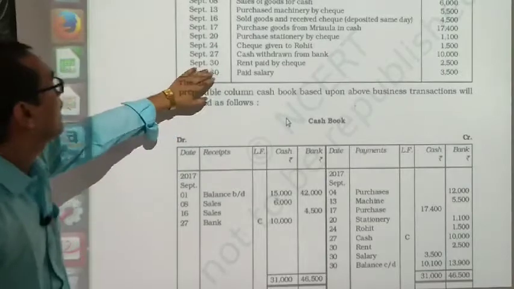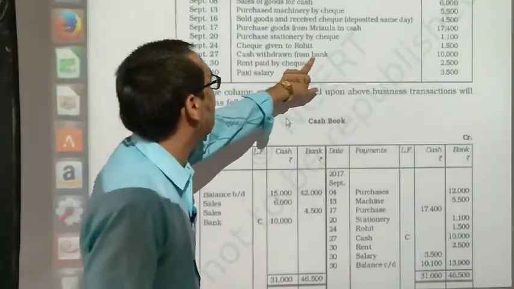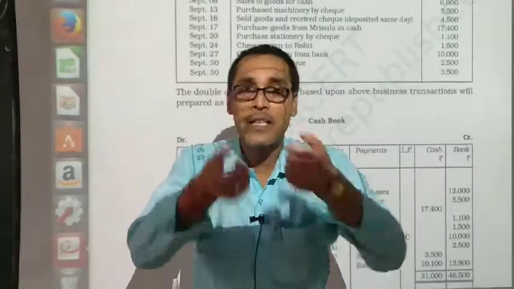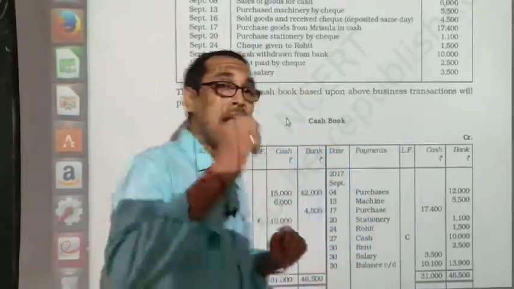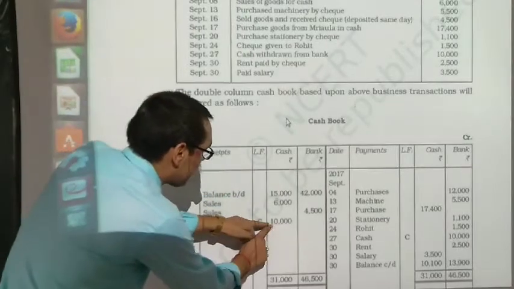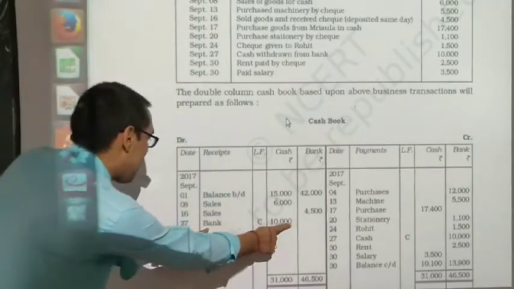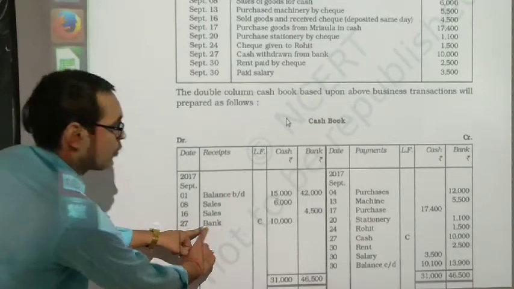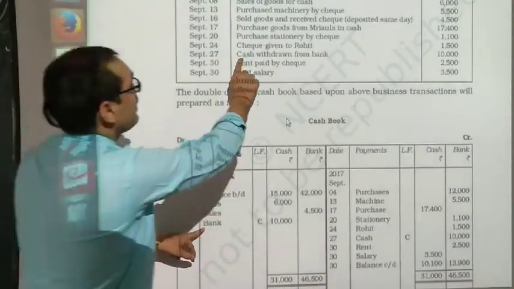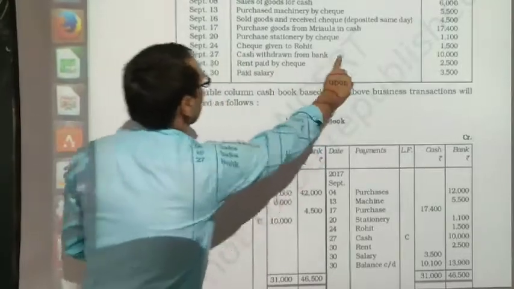In the next transaction, cash withdrawn from bank. We are receiving the cash, so in the cash column, cash will increase by 10,000, written as to bank. This is a most important transaction. This is called a contra entry.